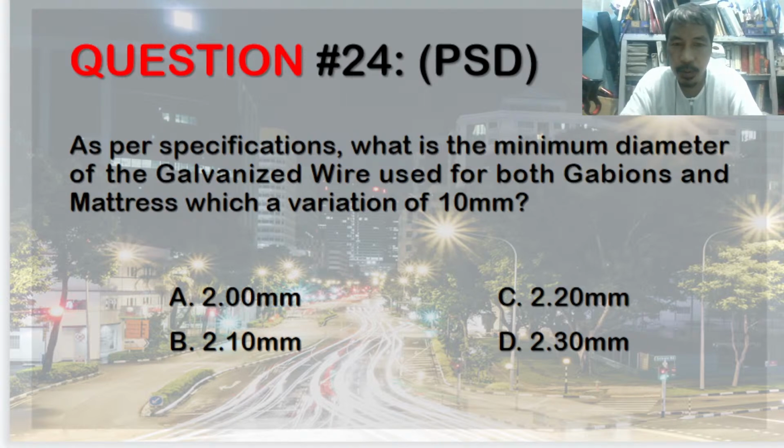As per specifications, what is the minimum diameter of the galvanized wire used for both gabions and mattress, which are variation of 10 mm?